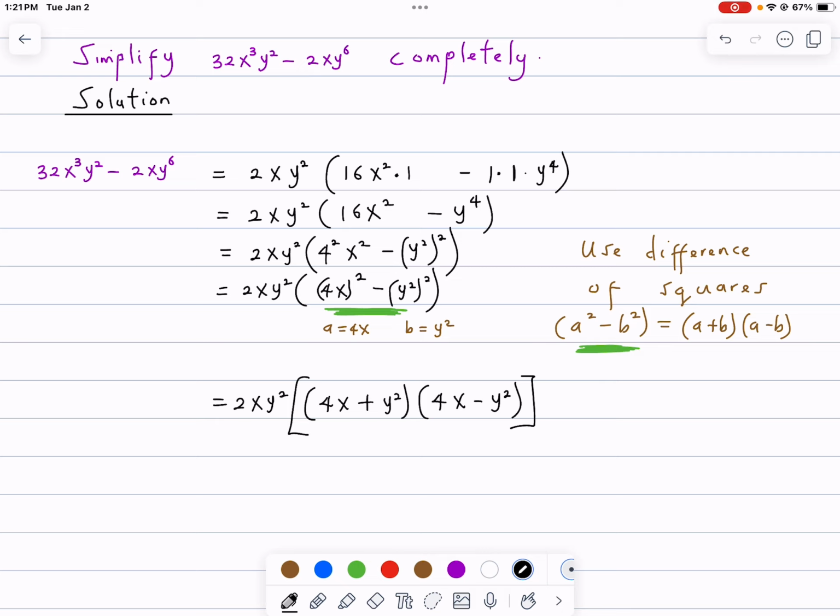And I rewrote 4 squared x squared as 4x in parentheses squared using the rule of exponents. And then I was able to apply the difference of squares, which is a squared minus b squared is equal to a plus b in parentheses times a minus b in parentheses. And I just applied the difference of squares and I got that.